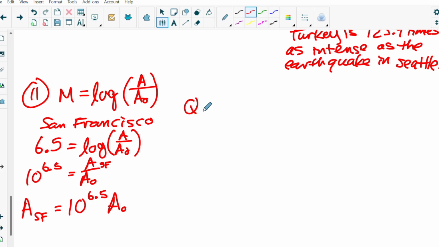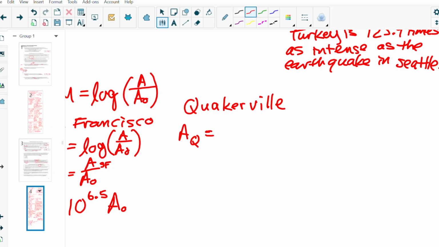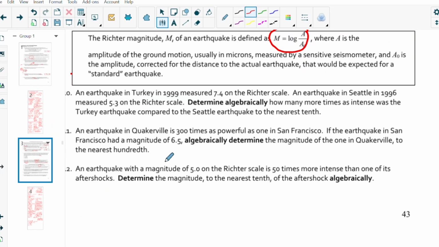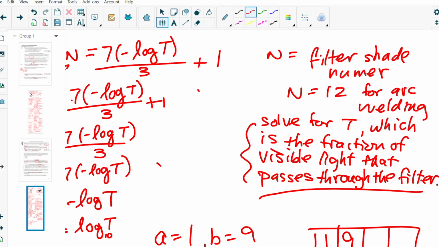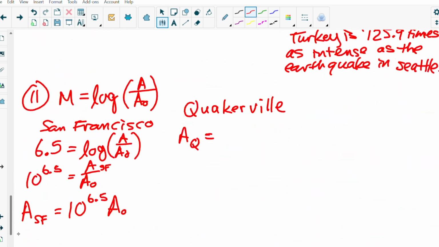Okay. In Quakerville, so let's do Quakerville. Intensity of the Quakerville earthquake. Okay, it says 300 times, right? So let's go back here. Earthquake in Quakerville is 300 times as powerful as the one in San Francisco. So how do we set up this equation?